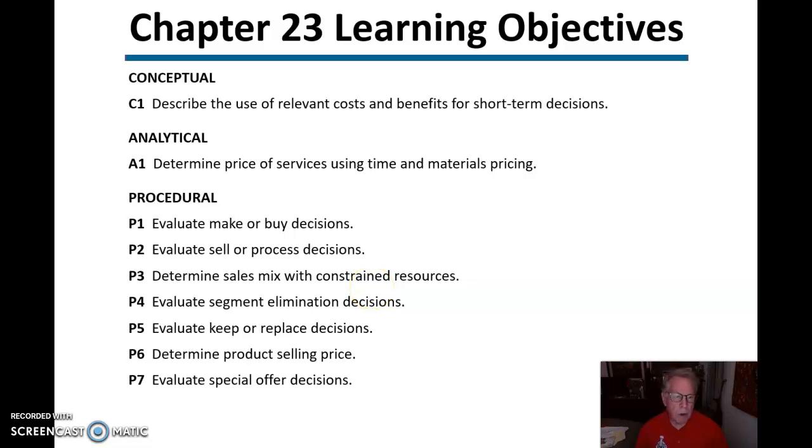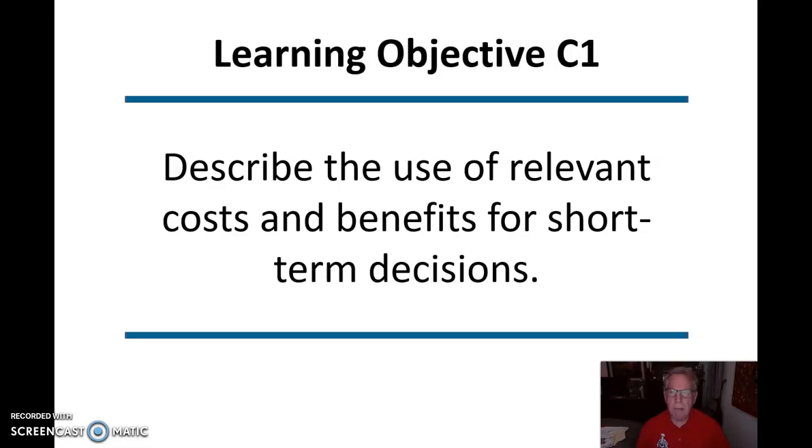That would mean whether we want to sell our product or process it further, determine sales mix, segment elimination decisions, keeping or replacing a product selling price, and evaluating special offer decisions. Quite a bit of pieces to this chapter.